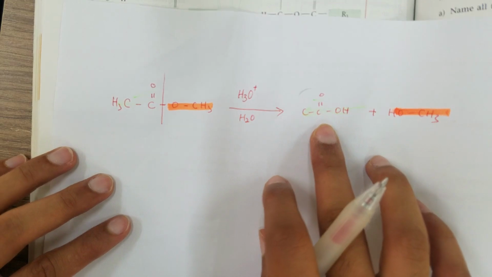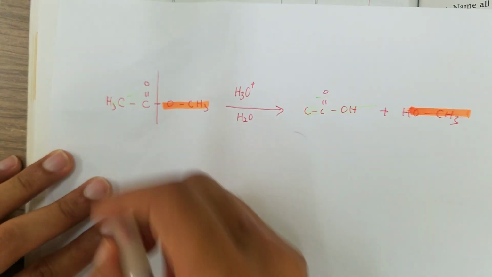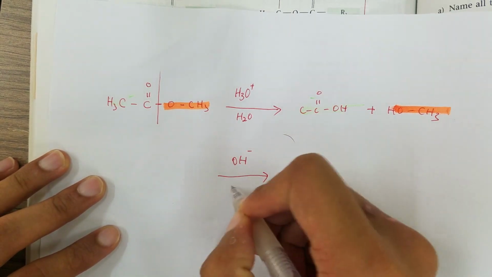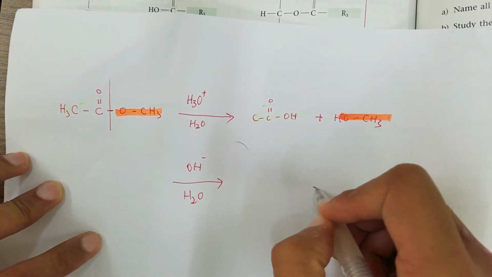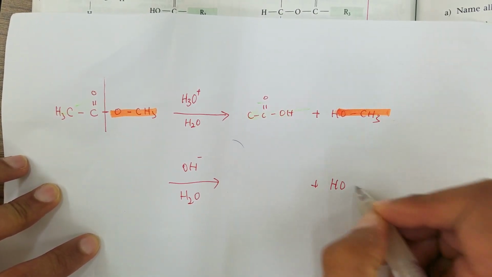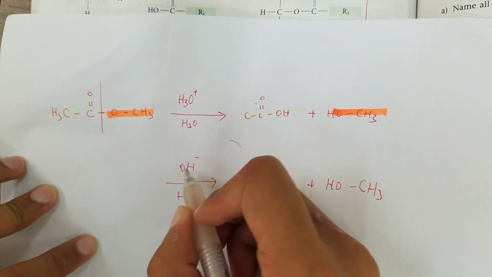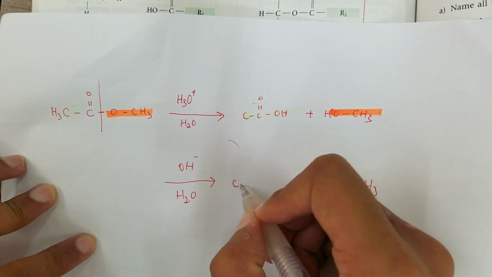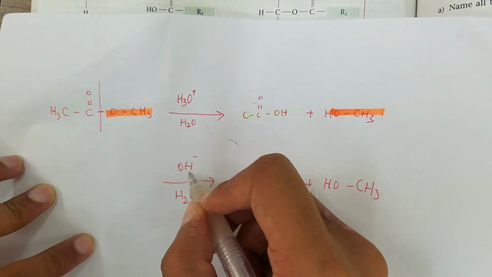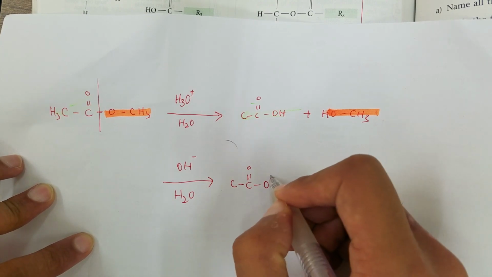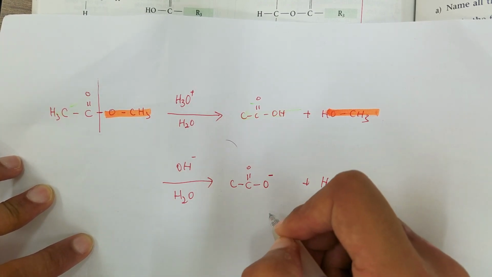Now, what if I don't use acid? What if I am using alkali? For alkali, everything will be the same for the alcohol. But for the acid, since we're using alkali, the acid will not actually be formed because it reacts with the alkali. So instead, it will form a salt.